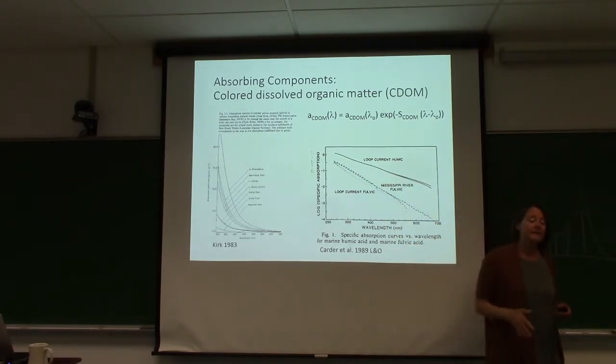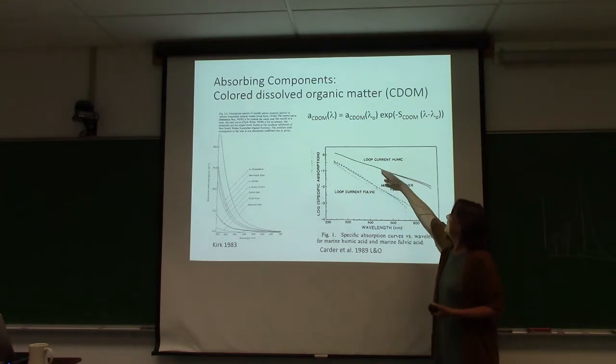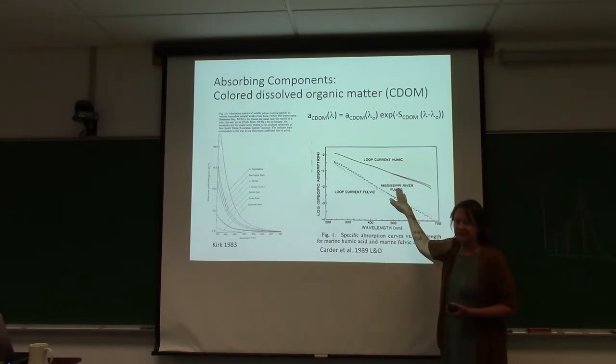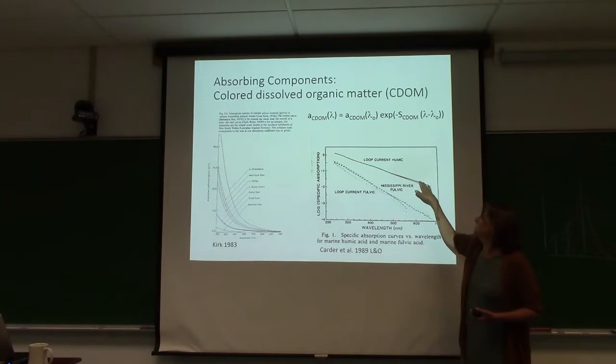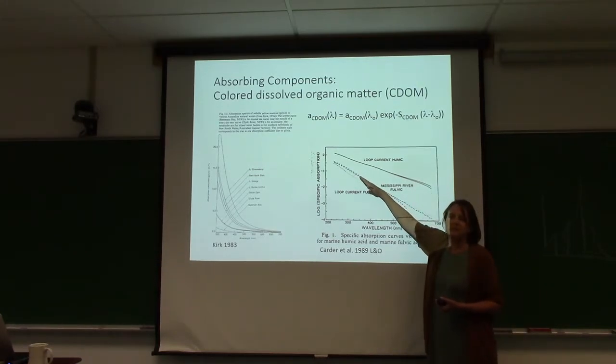And it turns out it changes based upon the composition of the organic matter in the water. And so in this paper, it was really nice. He looked at the difference between the ocean water and the Loop Current and the water coming out of the Mississippi River. This was more terrestrial. He called it fulvic material. This was more marine-derived humic material. And you could see that the terrestrial had a much steeper slope.